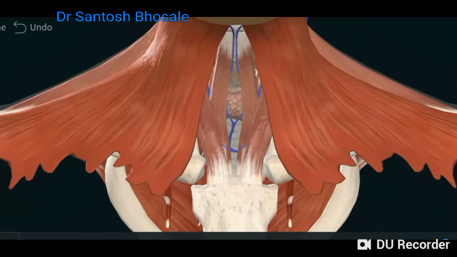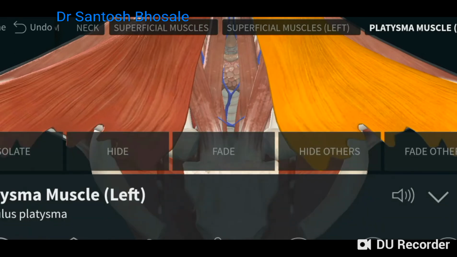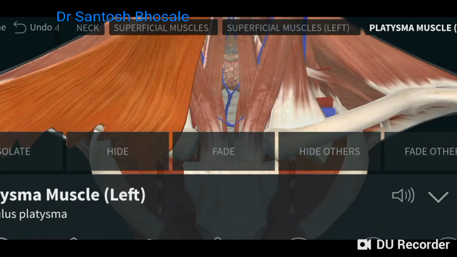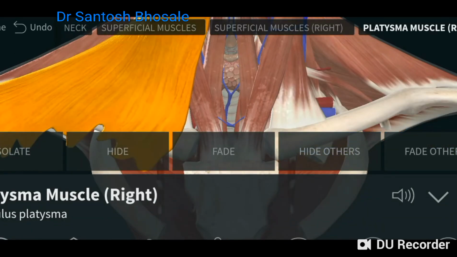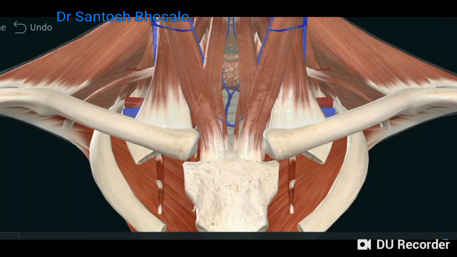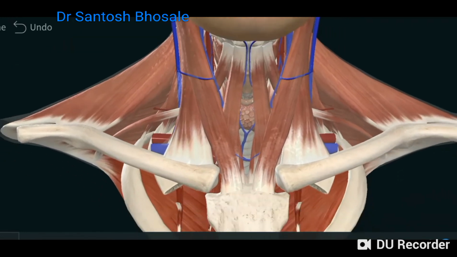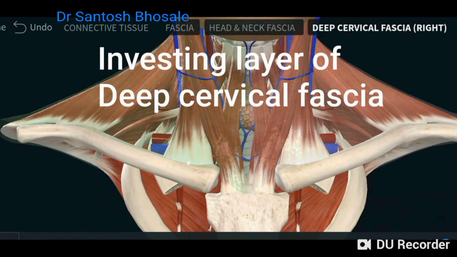Platysma is a subcutaneous facial muscle supplied by the cervical branch of the facial nerve. As you take that out, you will see the investing layer of the deep cervical fascia there, and the veins. The veins are in the superficial fascia, which is the investing layer of deep cervical fascia.